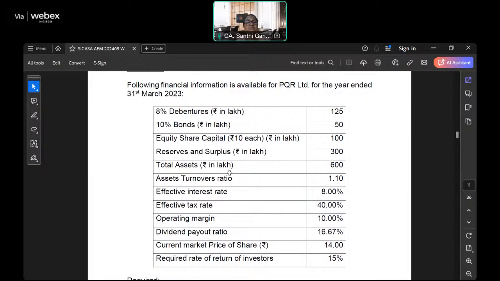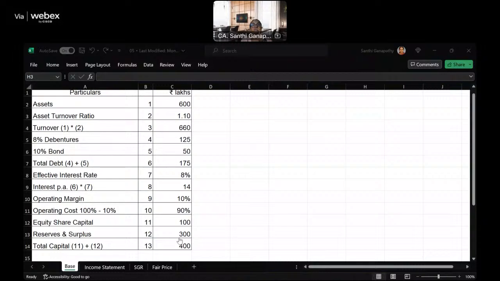So we can find the total capital. So this is the base working which we require.